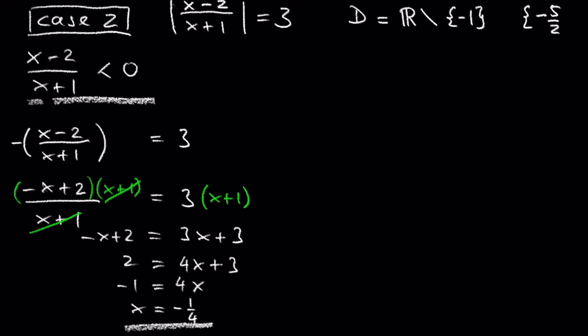Now we have to check again if negative 1/4 is allowed in our domain. Yes, it is. Similarly, like in case 1, we have to plug the negative 1/4 in our condition and see if that's true, which means less than 0.